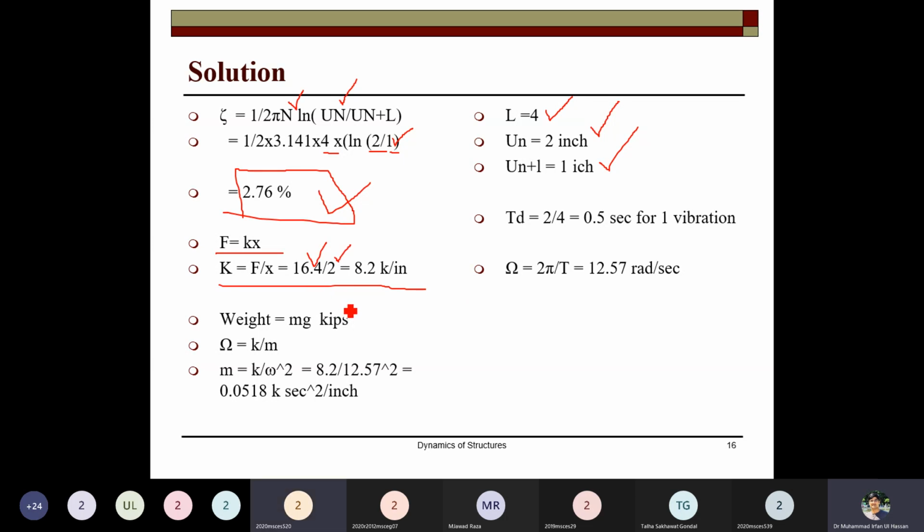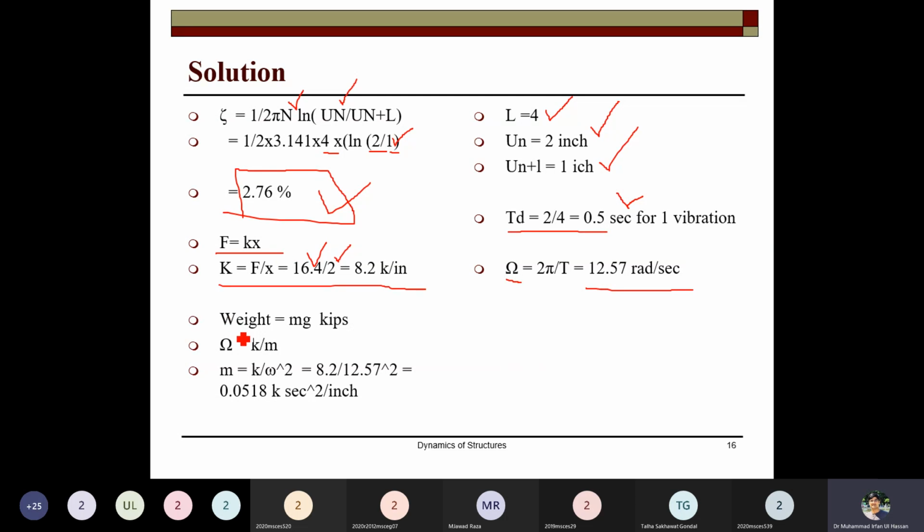And the damped period of vibration: the time is 2, so 2 divided by 4 is 0.5 second. So 0.5 second is the damped period of vibration, and from that you can determine omega, which is 2 pi over T, in radians per second.